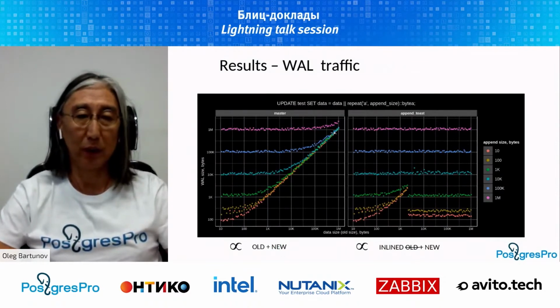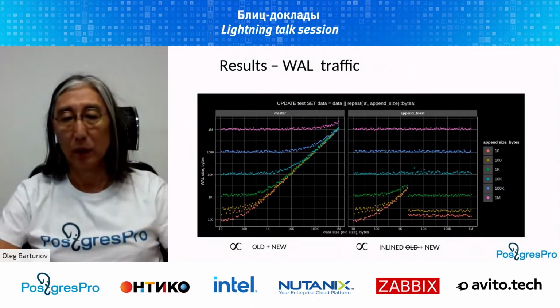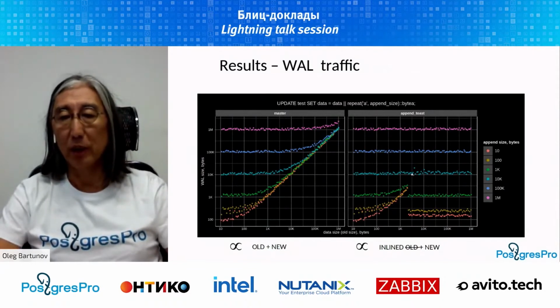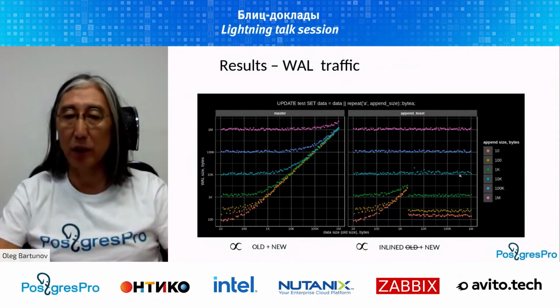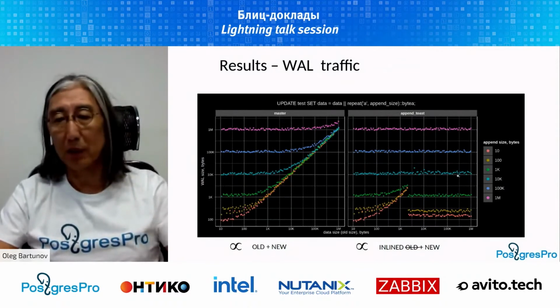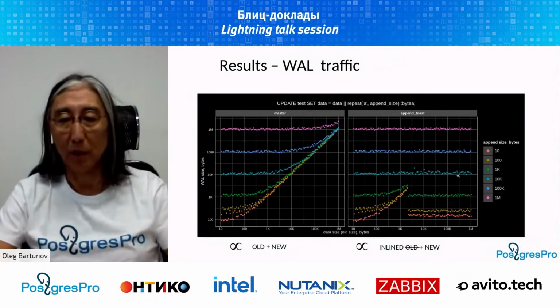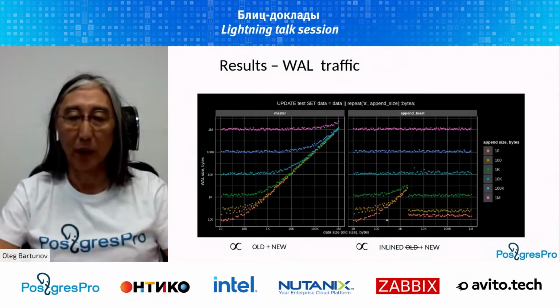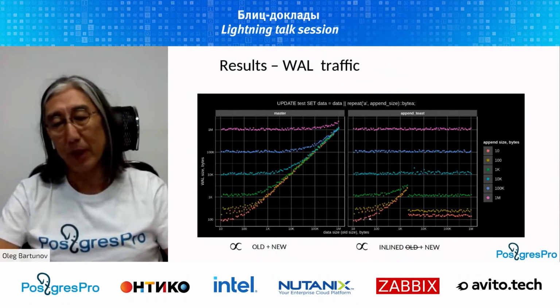Master is really bad, and that explains what Alexander saw in his examples. And our patch led to the following: the traffic and big additions depend on logging. And there is some artifact here.